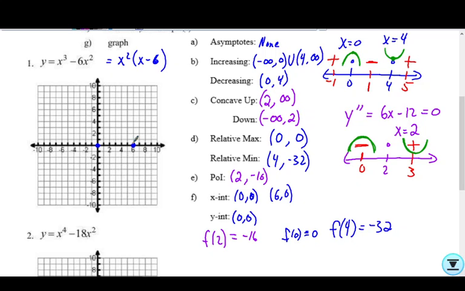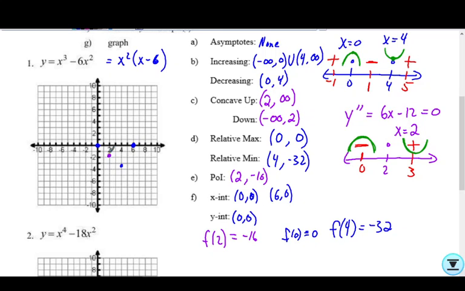So I'm going to plot my relative minimum (4, -32), which is basically here, and (2, -16), which is right here. There's my point of inflection, and I'll change that to purple so you can see it.